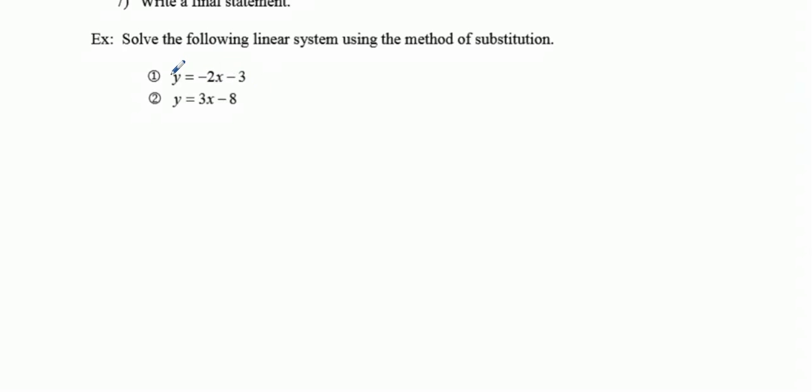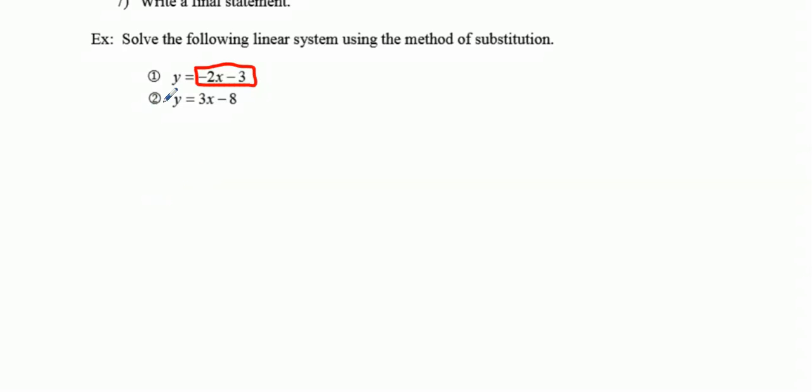And so we know, if I just put a little square around this, this is already isolated for y, this first equation. In fact, both are. So I know that minus 2x minus 3 is equivalent to y. They're equal because it says so right here. So everywhere there's a y in the second equation, I can substitute the expression that I have here for y.